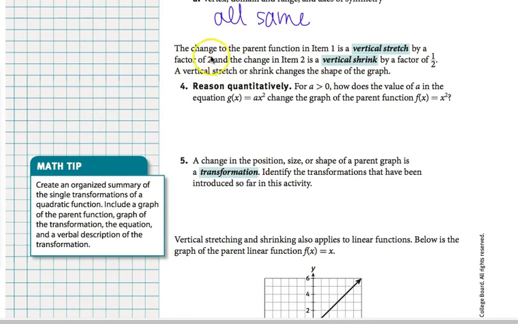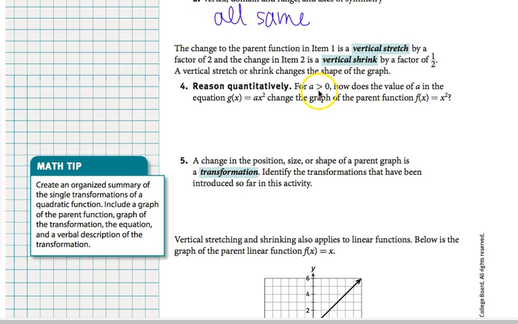So here it tells us the change in the parent function in item 1 is a vertical stretch by a factor of 2. The change in item 2 is a vertical shrink by a factor of 1/2. So what it wants us to do is it wants us to now say for a is greater than 0, how does the value of g of x equals a to the x change the parent function?